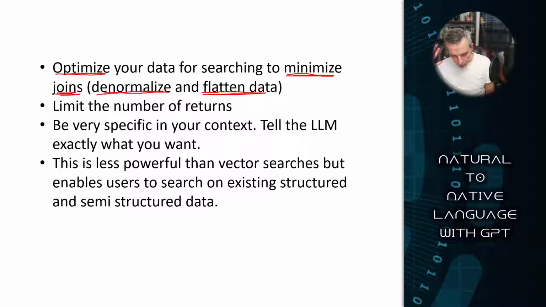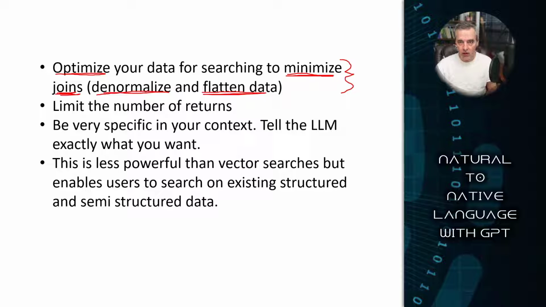Now, the way that I would typically do this if I was building an app is I wouldn't actually search on the live data. I wouldn't search on the normalized data. I would probably search on some presentation of that data. I would have some kind of data pipeline that would take that live data and transform it into something that is more search optimized, more optimized for the kinds of queries that I'm going to be doing.